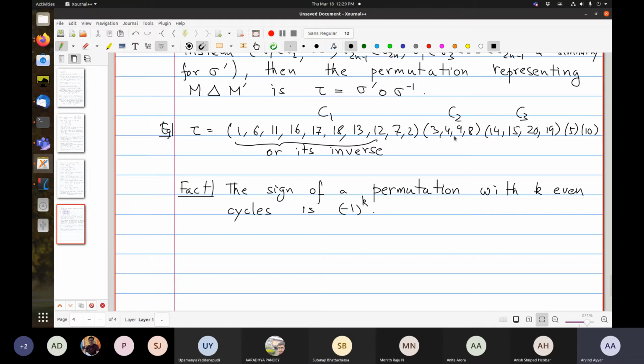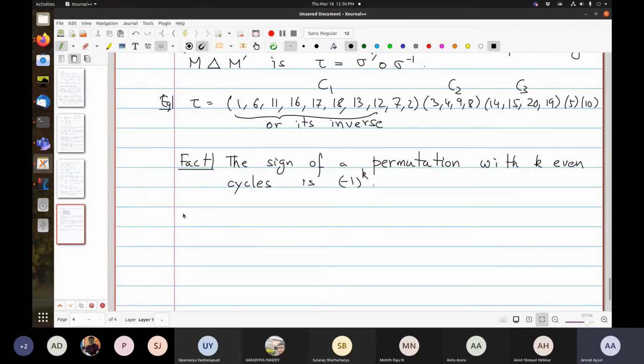Any odd cycle will have an even number of transpositions, so you don't care. But an even cycle has the same sign as exactly one transposition, so each one gives you one sign, and the total sign is (-1)^k. Thus, by this argument, you can fill out the details.